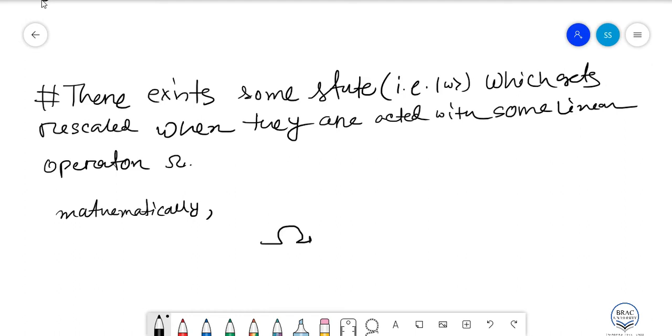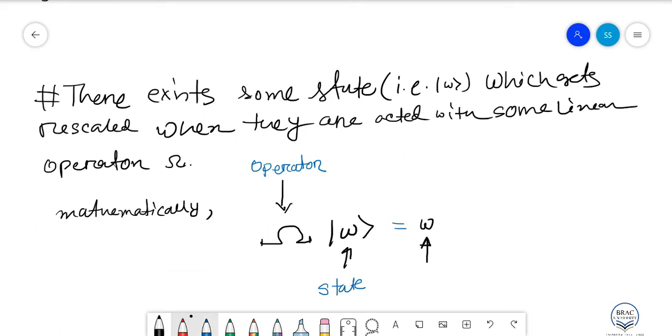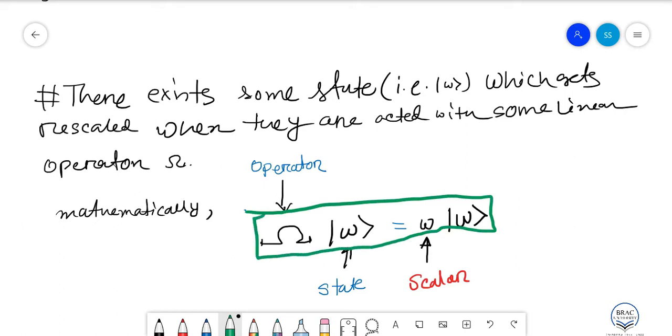This equation is called the eigenvalue equation, or the proper value equation, or the characteristic, not the characteristic equation, but that is something that will come later.